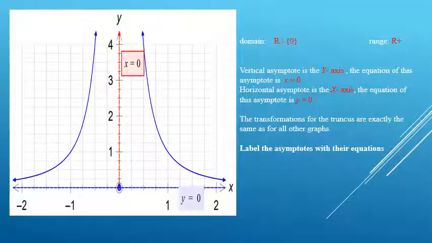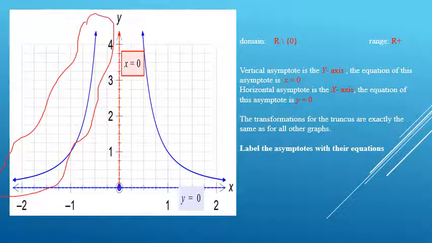This is what your graph should be looking like. Nice, smooth, continuous curve. You can see here it's all nice and smooth and continuous, going through those key points we watched before.